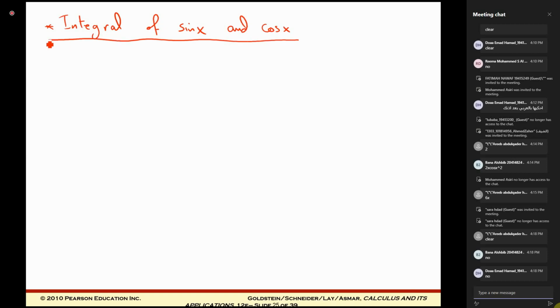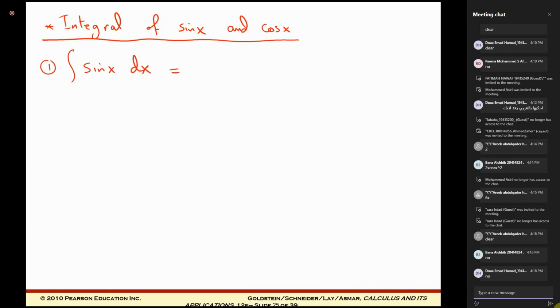Also, we have the integral of the sine and cosine. Number 1, integral of sine x dx.